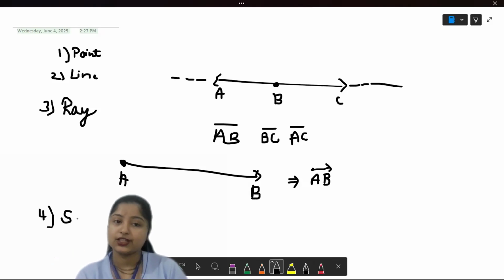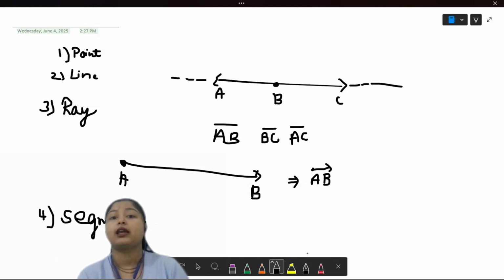The next type of line that we are going to do is a segment. A segment is also a special type of line. Let's see how. As we saw, a ray has one starting point and can be extended from one end, but a segment has 2 points and cannot be extended from any point.